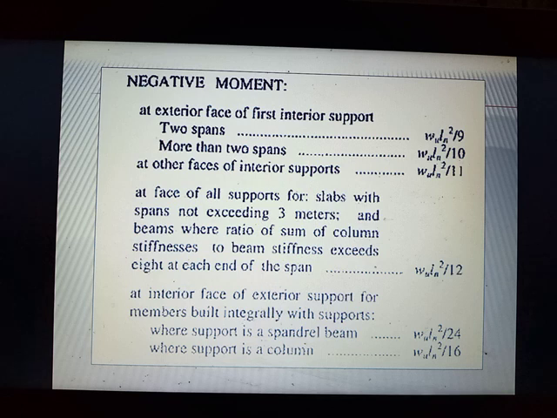At interior face of exterior support for members built integrally with supports, there are two types. If the support is a spandrel beam, you use WLn squared over 24. When the support is a column, you use WLn squared over 16.